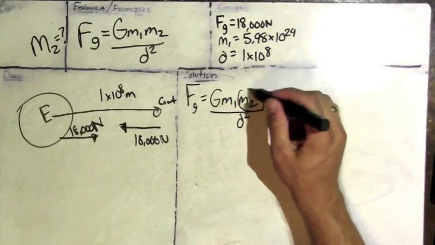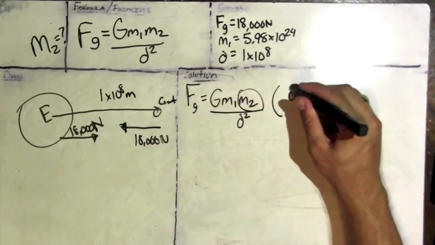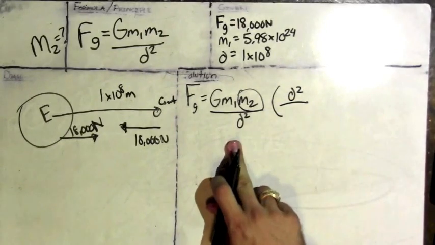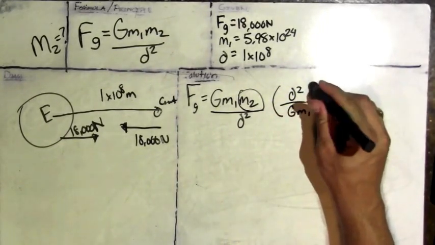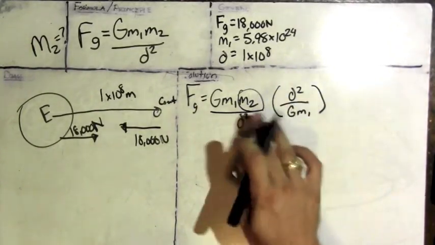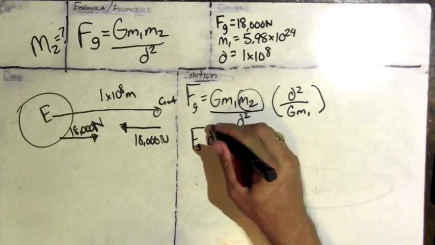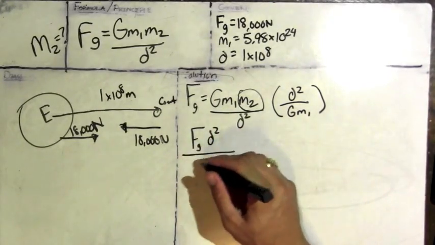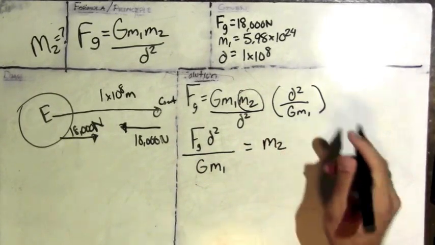To isolate M2, what I have to do is the opposite of what I have here. So I'm going to multiply both sides by D squared. That'll cancel out with that. Divide both sides by G times M1. When I do this to both sides, what I get is F D squared over G M1 is equal to M2.